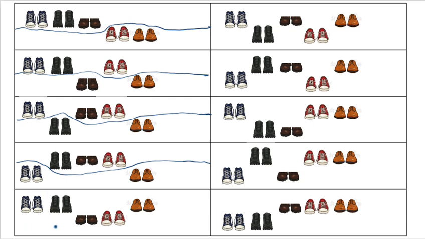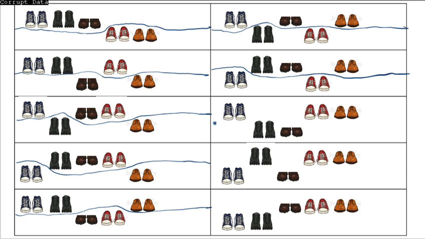Or it could be the brown and the red. I don't need to pick the brown and the yellow because they already appeared here. So then I will pick the gray and the red, the blue and the red. So I'm doing all the combinations: the gray and the brown, the blue and the brown, and the blue and the gray. Okay, so that's what I'm doing.